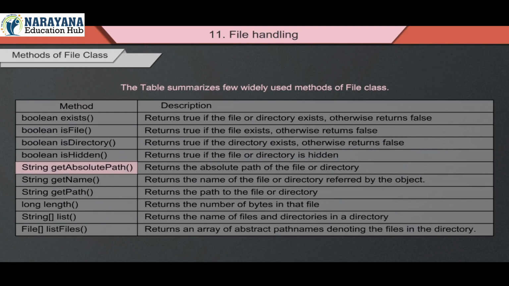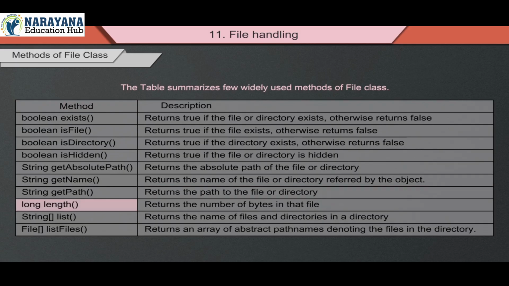Method: String getAbsolutePath(). Description: returns the absolute path of the file or directory. Method: String getName(). Description: returns the name of the file or directory referred by the object. Method: String getPath(). Description: returns the path to the file or directory.